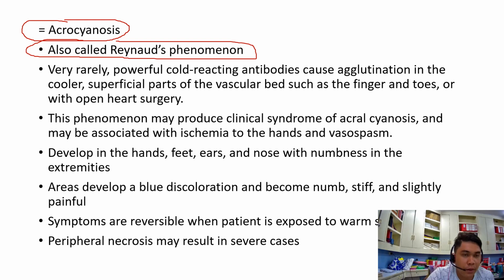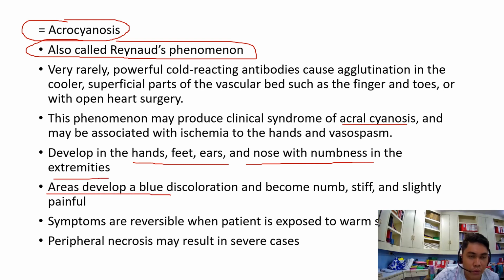This phenomenon may produce the clinical syndrome of acral cyanosis and may be associated with ischemia to the hands and vasospasm. So in acrocyanosis, you usually develop it in the hands, feet, ears, and nose with numbness in the extremities. Areas develop a blue discoloration and become numb, stiff, and slightly painful.